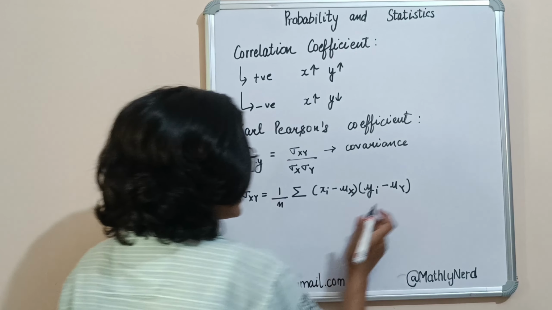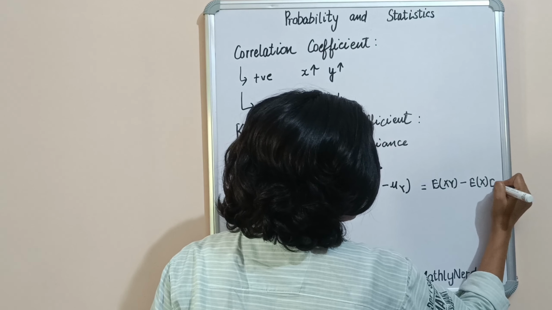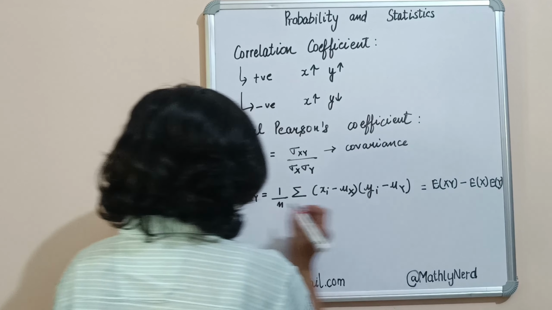We can also write it as expectation of xy minus expectation of x multiplied with expectation of y.